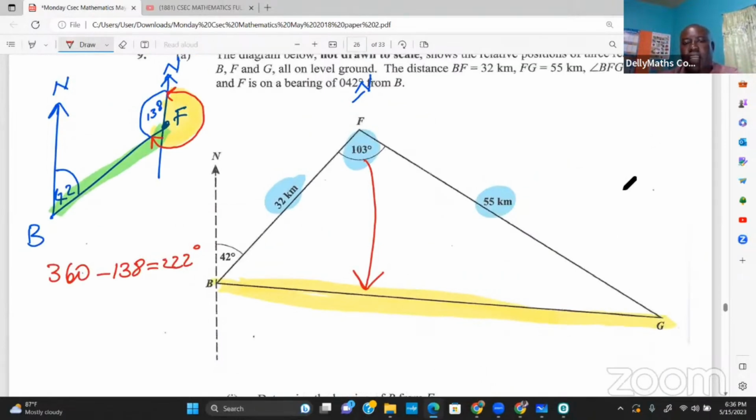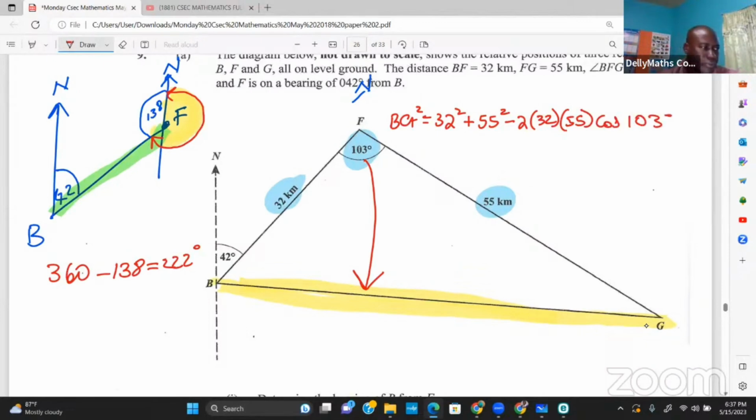I'm going to do it right here. The cosine rule says that BG square is going to equal 32 square plus 55 square minus 2 times 32 times 55 times the cosine of the angle that is there.